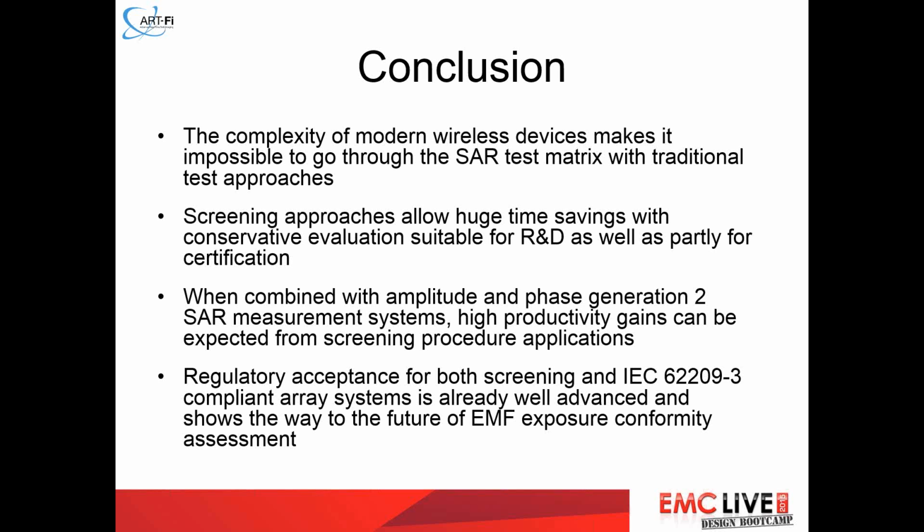However, the user of the SAR measurement system or the antenna designer has to ensure that there is a conservative evaluation of the SAR for the given device. For doing that, we propose some procedures and try to explain how they work. Basically, what you can see is that combining second generation SAR measurement systems that are based on amplitude and phase measurement together with screening procedures can result in very high productivity gains.